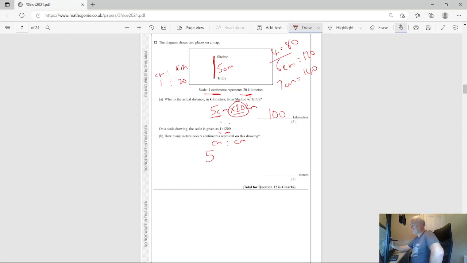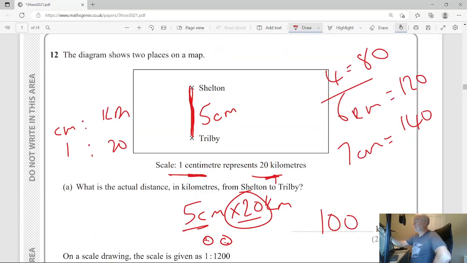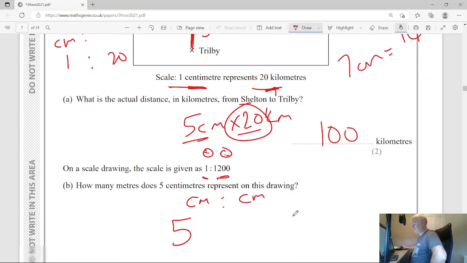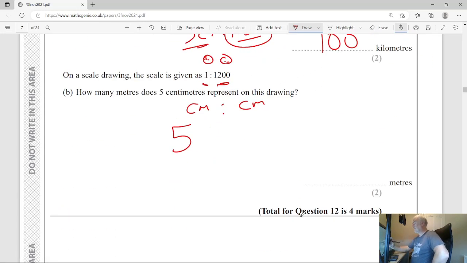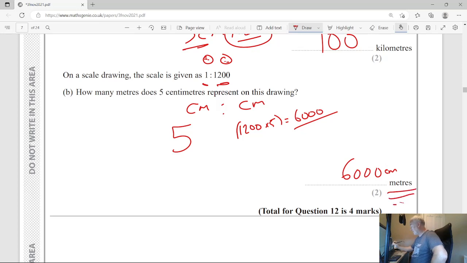This one, they're both the same unit. It doesn't say centimetres or kilometres, but they are both the same value. So if 1 is 5 this side, all I'm going to do is multiply 1,200 by 5, which is going to give me 6,000. So it would be 6,000 centimetres.